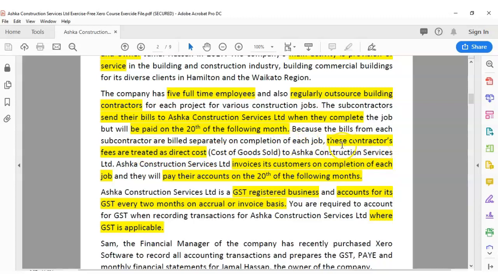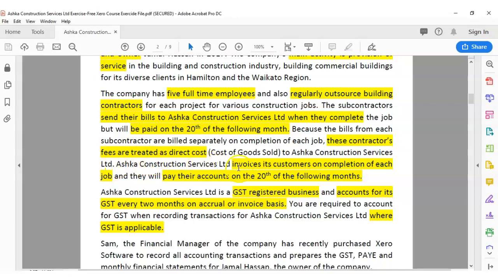So in here we've been told that we will be coding all the bills from the suppliers, and we need a direct cost account. So we need to create a direct cost account in our chart of accounts, code all the supplier bills in that account, call it contractor fees, and so we can track all the direct costs for each project in that account.